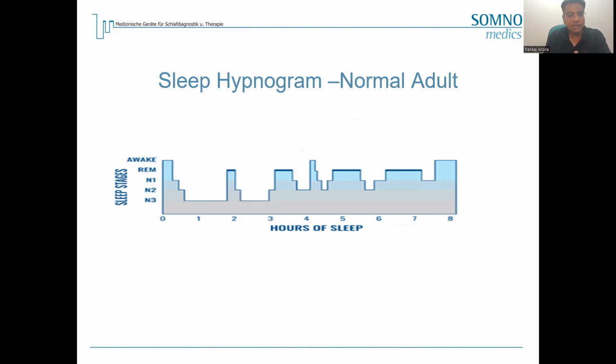We can appreciate that during the first half of the night, the patient was spending more time in stage N3. But in the second half of the night, the patient is spending more time in REM stage. But overall, N2 will be the largest part of the total sleep time.